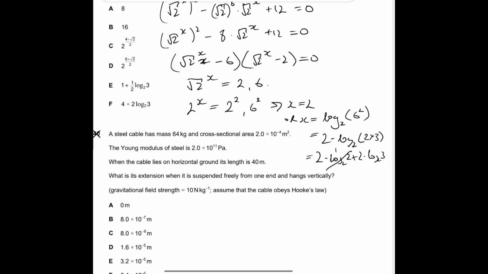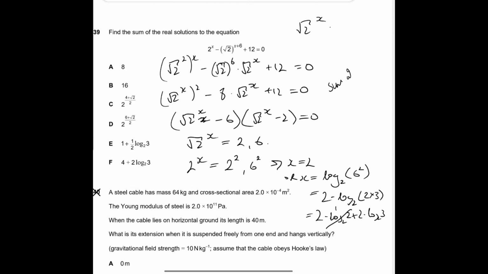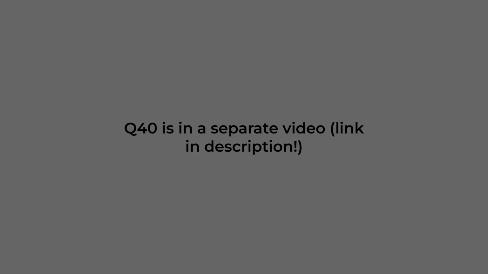So the sum of solutions is 2 from here plus the other solution, which is going to be 4 plus 2 log base 2 of 3.